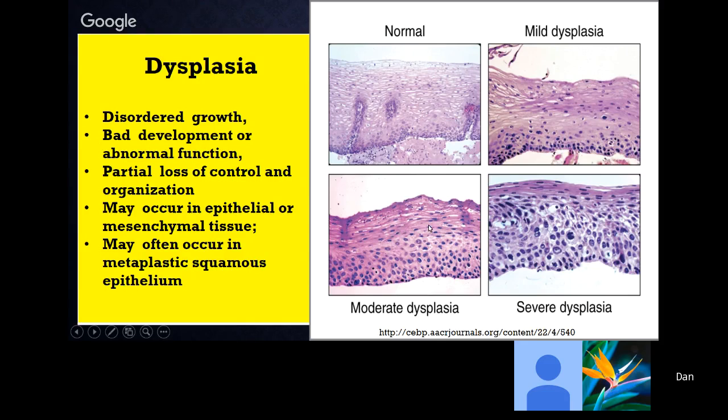Moderate dysplasia as well: you don't recognize the same architecture as the normal one. The cells start to collapse completely, become darker, and the nuclei become bigger in size. And then severe dysplasia, which you can call cancer in situ, has big nuclei this time. It didn't go above the basal membrane, so it's okay.